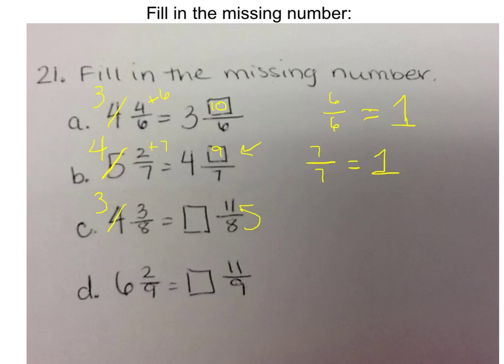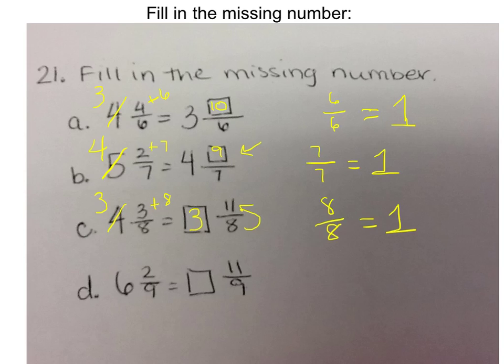So if we turned 4 into 3 and borrowed 8/8, which is the same as 1, we took away 1 from this side, that 8 needs to go somewhere. 3 plus 8 would equal 11. So 3 11/8 is equivalent to 4 3/8.